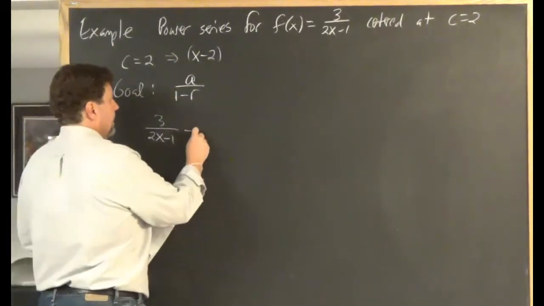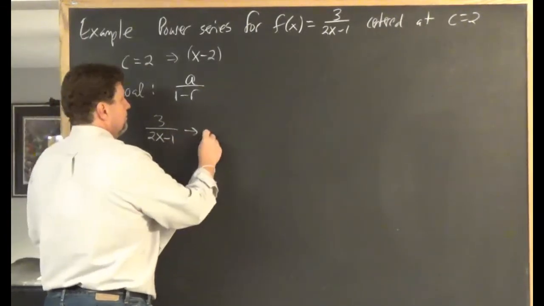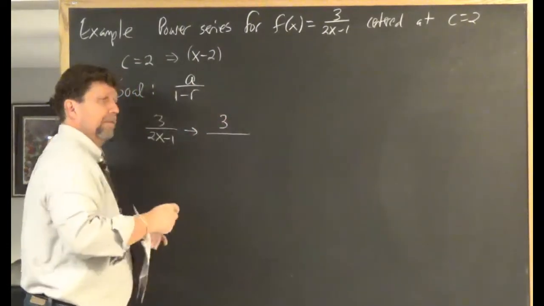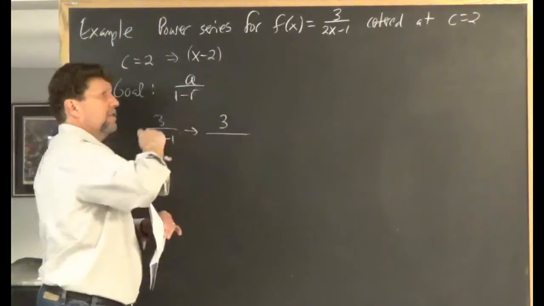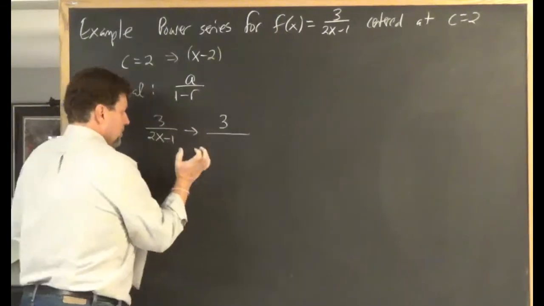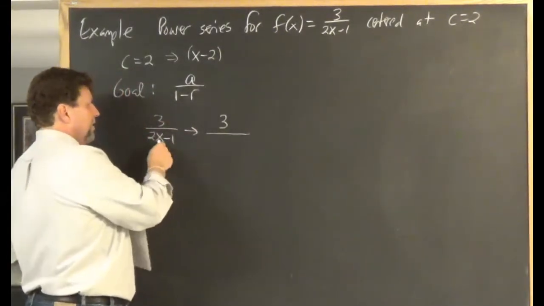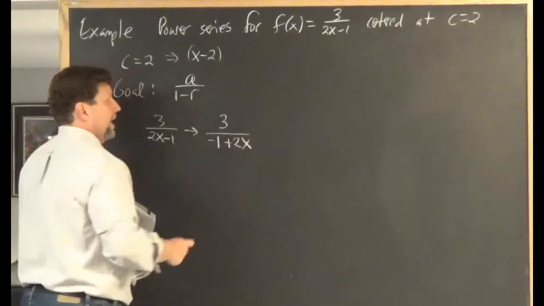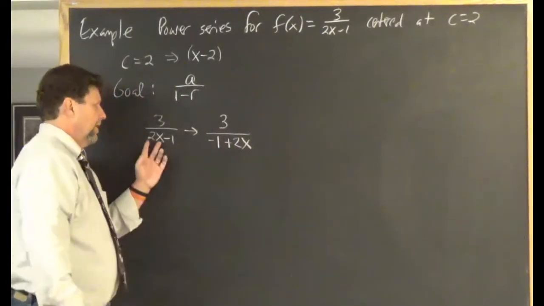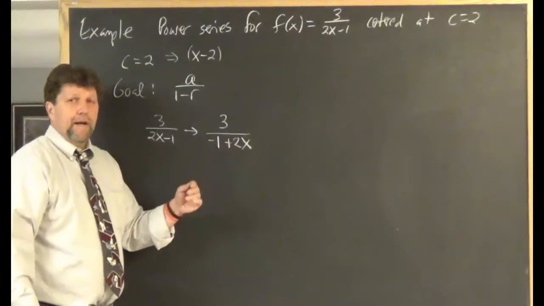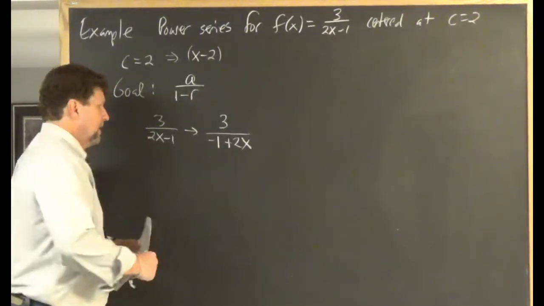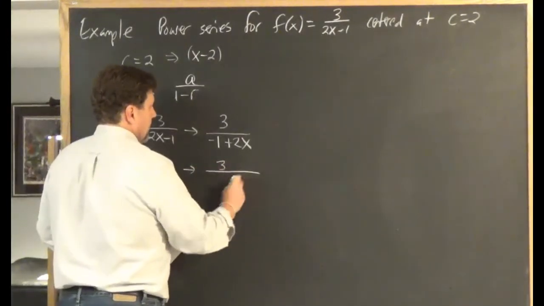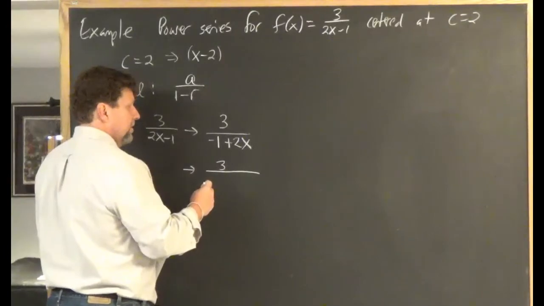So let's see. Well, I know I need to see an x minus 2 because it's centered at 2. So let me go ahead and rewrite this first, just to help me in trying to see this x minus 2. 2x minus 1, I'll just rewrite it as negative 1 plus 2x. All right, so I know I need to see an x minus 2.